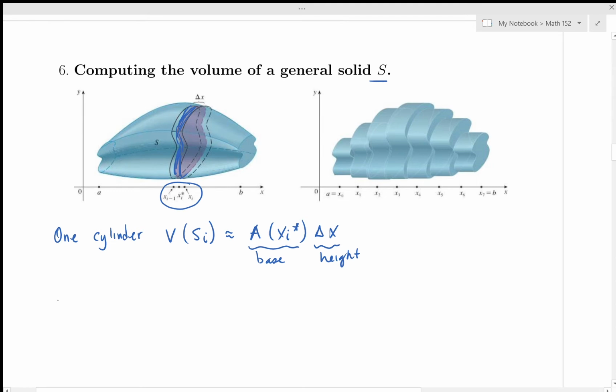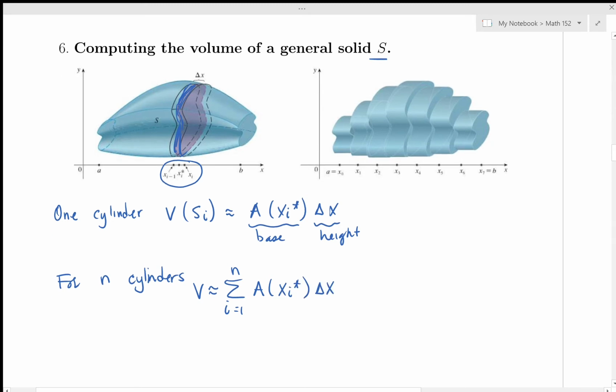So for n cylinders, we simply add them all up. The volume for the whole solid will be the sum of all n cylinders. This is not quite an equal sign yet, because we are taking a finite number of cylinders, where the area is like that and the height is like that.